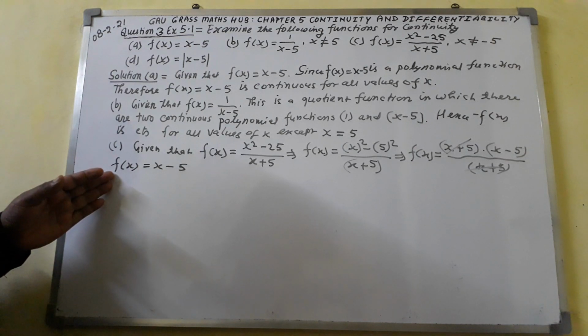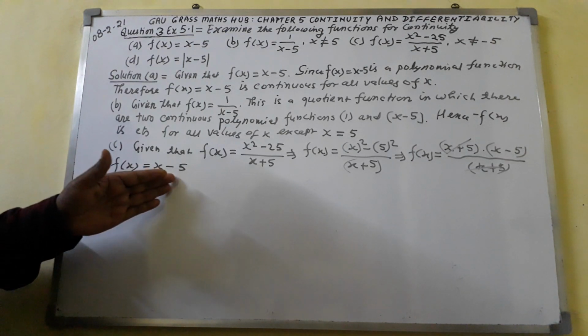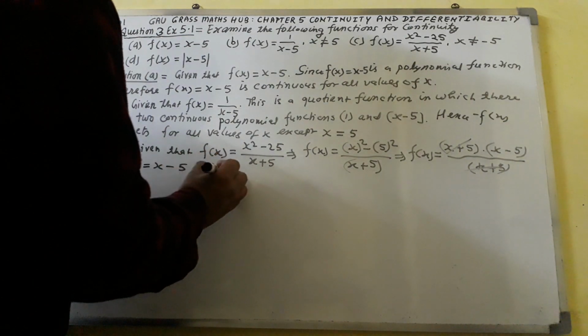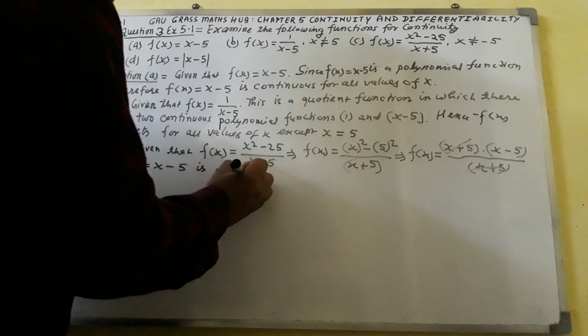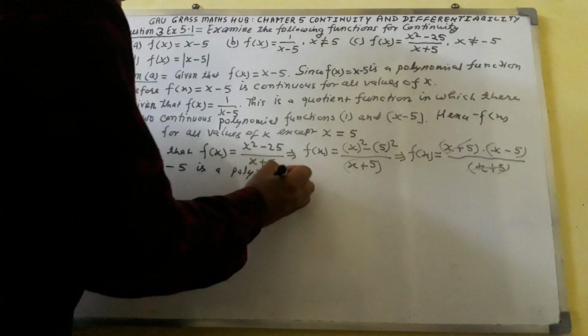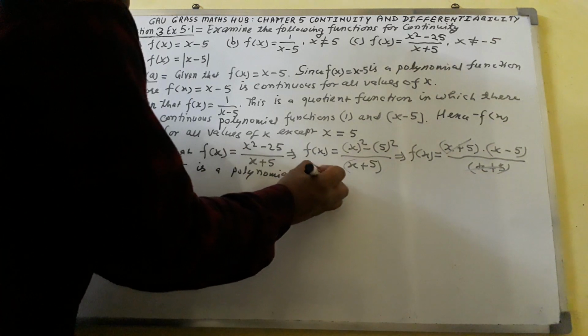Now you can see f of x equal to x minus 5 is a polynomial function.